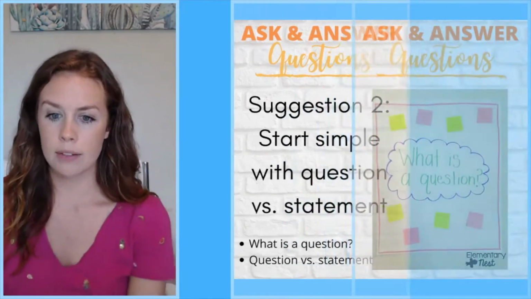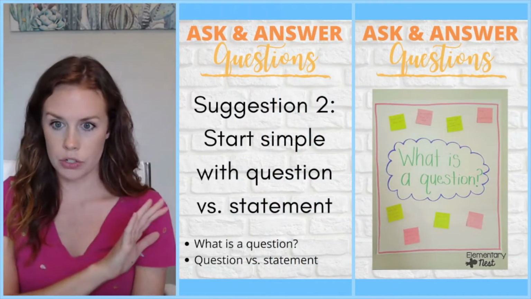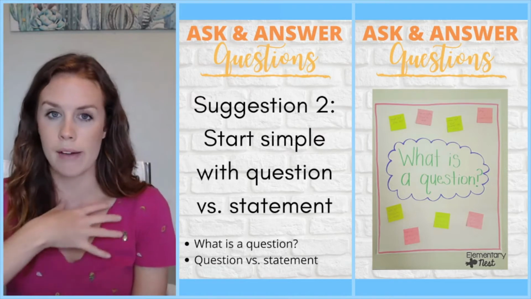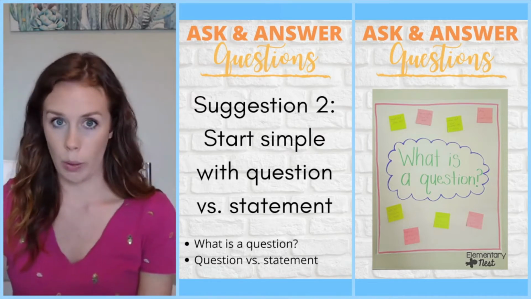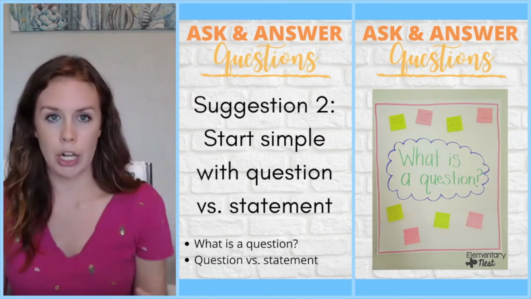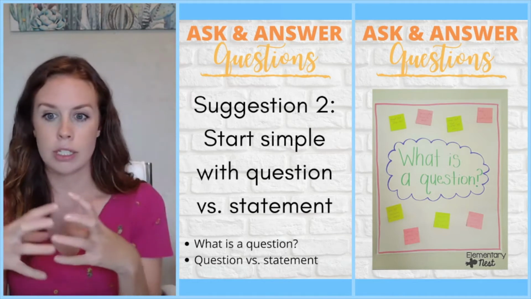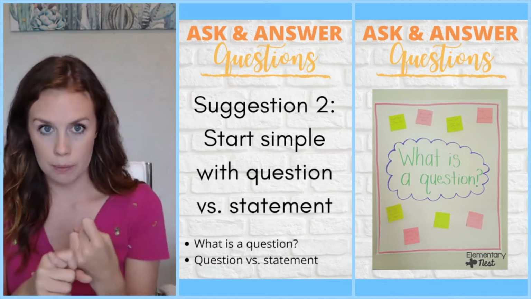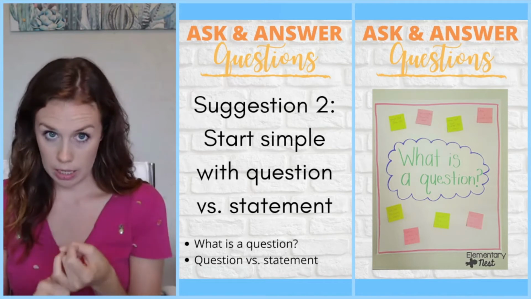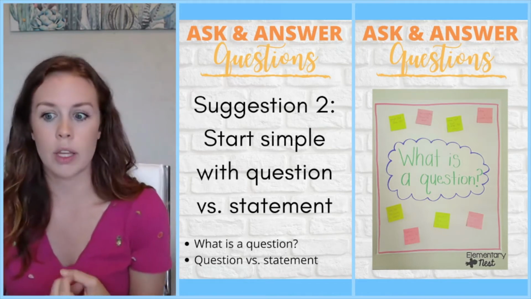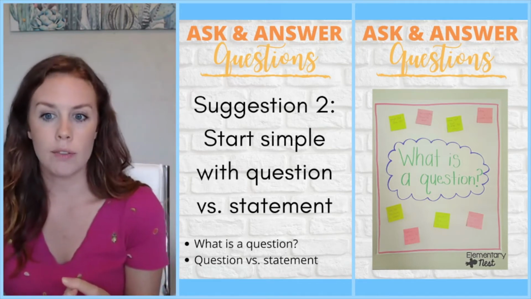One activity that I suggest starting with the younger students is to have them give examples of questions. Make a big anchor chart in your classroom, and in the middle, just say, what is a question? They can either write the definition of a question, or they can give you an example of a question.